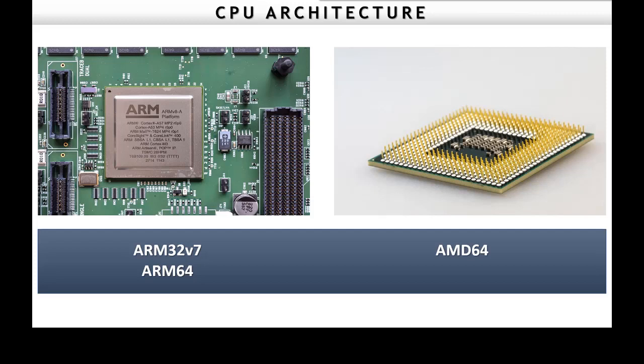Your 32-bit computer cannot run a 64-bit application. It's the same with Linux, but now we are introducing ARM32 and ARM64 on top of that. So whenever you are downloading something, you want to be sure that whatever chip you have in your IoT device matches whatever you are installing.